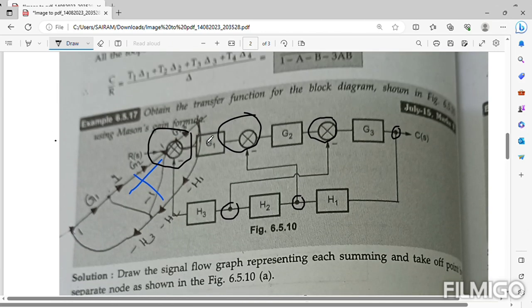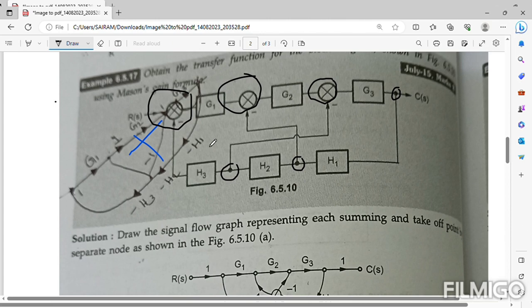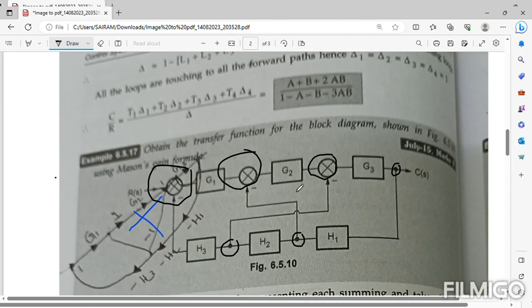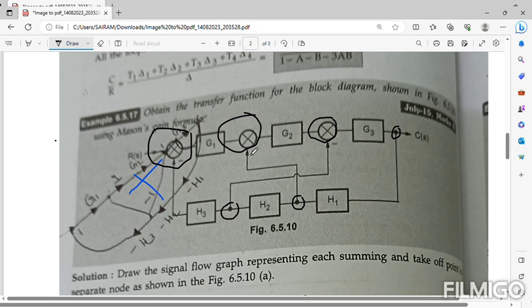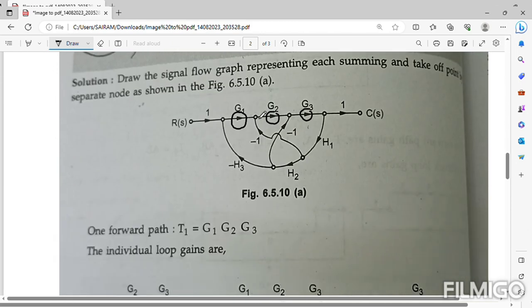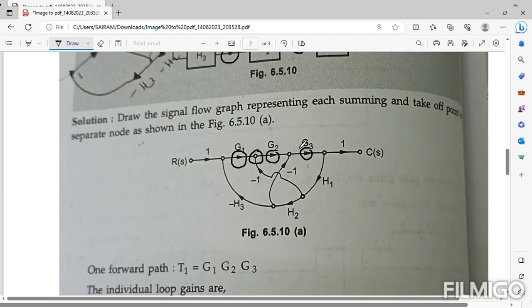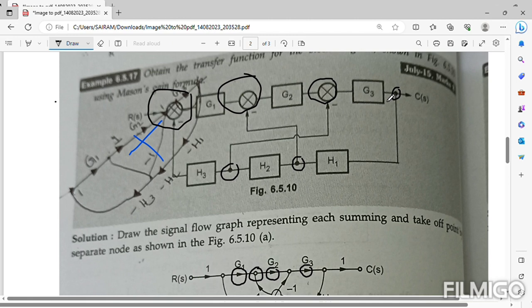Here you are supposed to convert the blocks into arrows. There was a G1 block, a G2 block and a G3 block, and those are written as forward arrows only, because they are moving in the forward direction. In between G1 and G2 there is one summation point, converted to a node here, and in between G2 and G3 there is another summation point, also converted to a node.